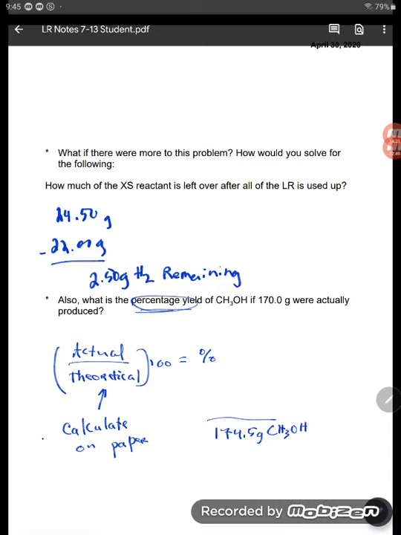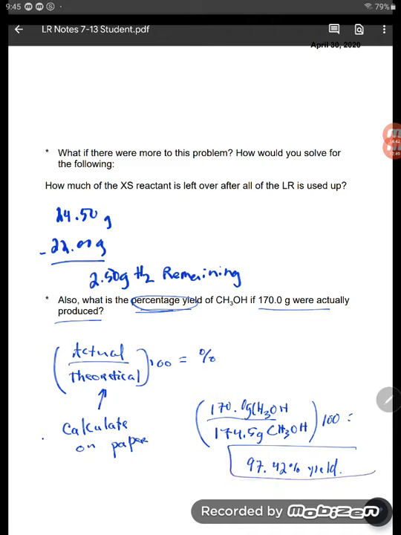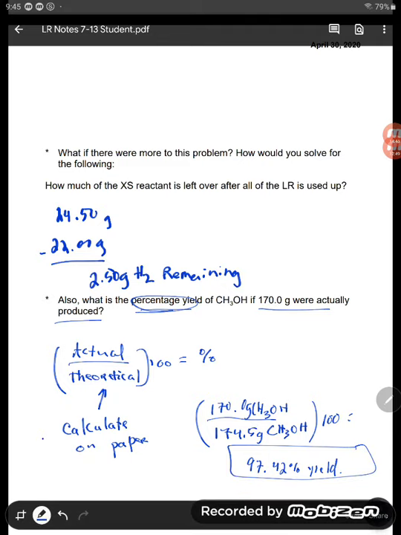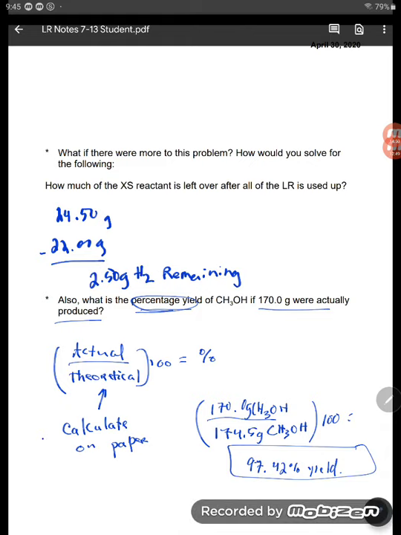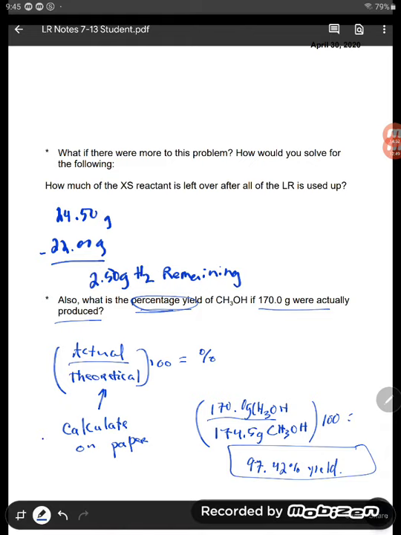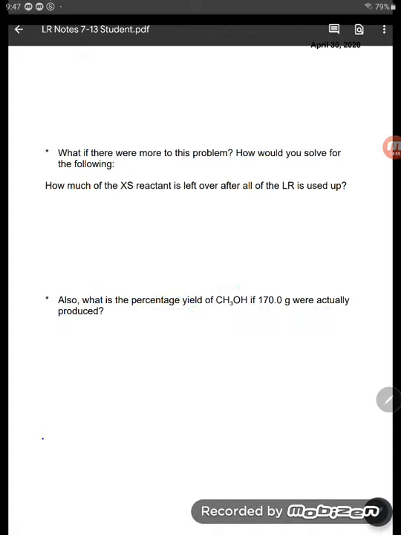If it's going to ask you what the percent yield is, it's going to have to give you, unless you were in the lab setting, a mass that was taken at the end of the experiment. Times 100, and we end up with 97.42% yield for that. So again, we're just looking at actual over theoretical, or how effective was our experiment. 97.42% effective. That's a pretty good outcome.